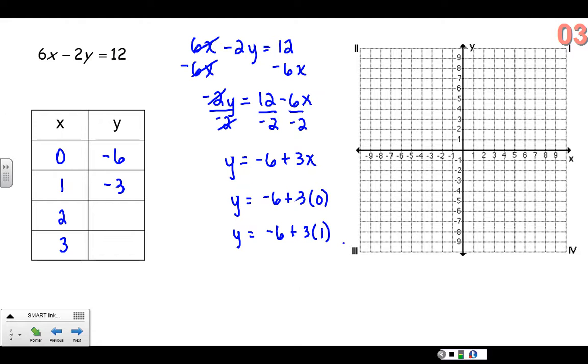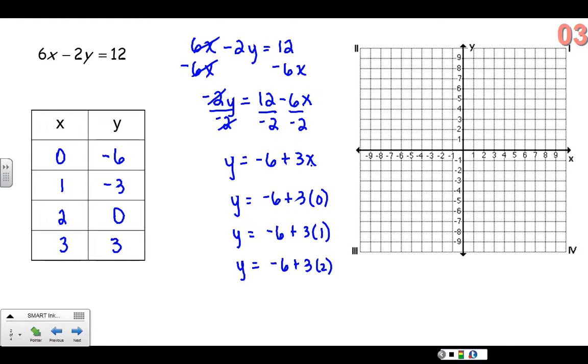If I were to plug in 2, negative 6 plus 6 would give me 0. And as you can see, you're doing the same thing throughout the process here. So for 3, negative 6 plus 3 times 3. So that would be negative 6 plus 9, which would give me 3.